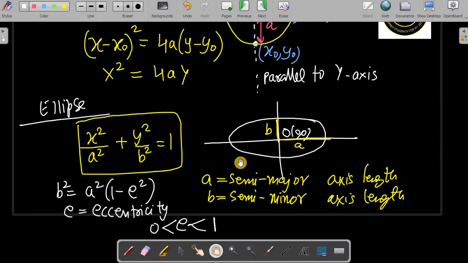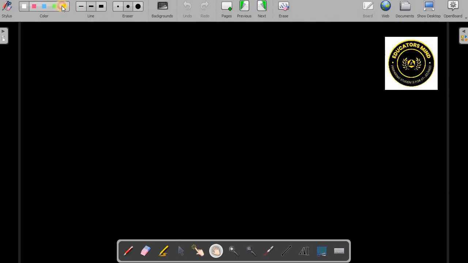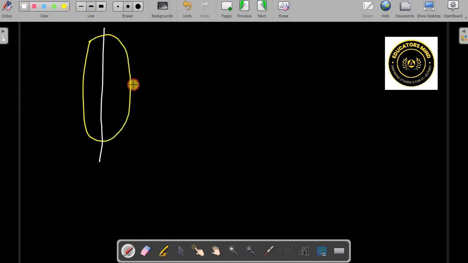There is another form of ellipse also. Suppose you take an ellipse of this type, here the major axis length is looking smaller than the minor axis length.